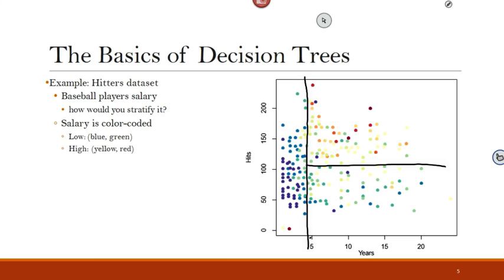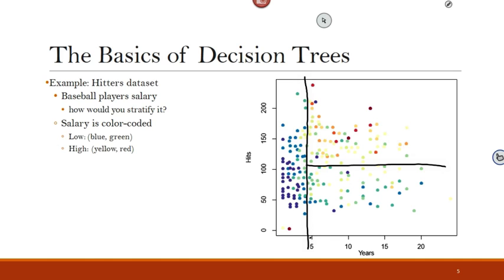And this is pretty much trees. So first we selected a predictor, that is the number of years of experience. And we formulate the rule: if the number of years is less than 5, and in this case it's probably 4.8, if it's less than 4.8, then the salary will be predicted to be low, right?